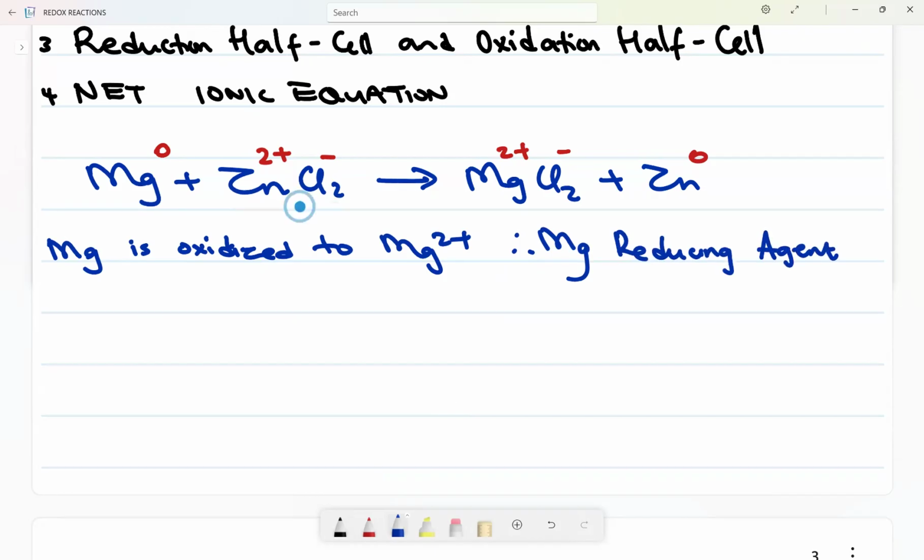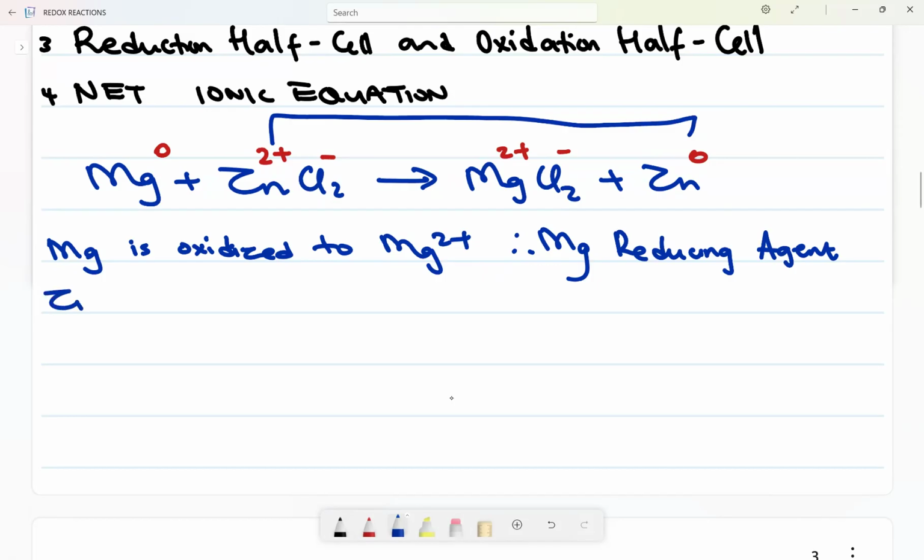And when you check at ZnCl2, Zn2 plus went from 2 to 0. So which one was reduced between these two? This is where people make mistake. Zn2 plus was reduced to Zn. Okay?